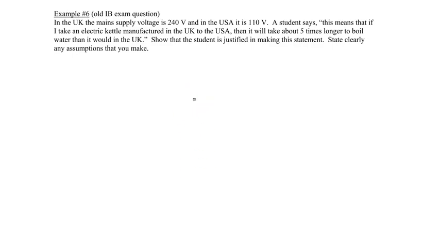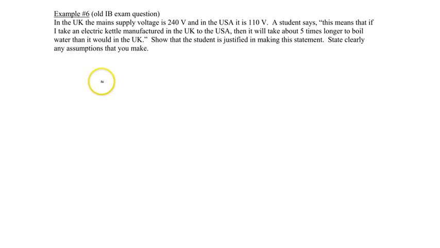This is a question regarding, it's an old IB exam question actually, and a student makes the following statement. If you have a kettle that you bought in the UK that is made to operate at 240 volts, the student reflects upon this and says, this means that if I were to take that kettle that I just purchased that was manufactured in the UK and I brought it to the United States, then it'll take 5 times longer, roughly, to boil water than it would in the UK if I were to just simply connect this kettle to a 110 volt power supply.